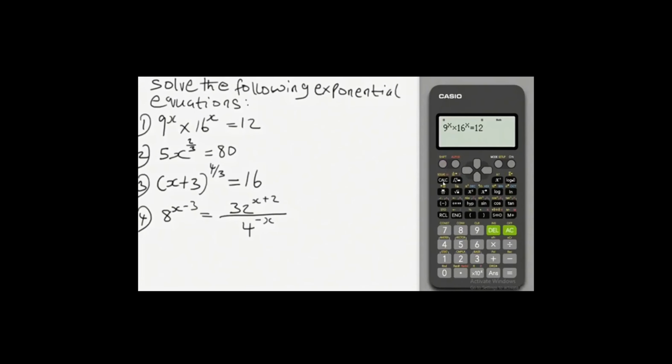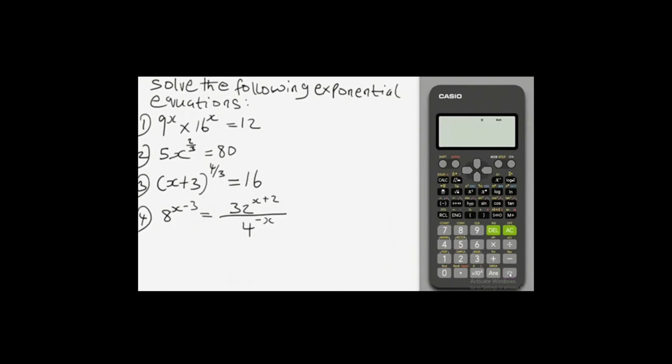You'll be asked to assign a value for x. Always assign 0 to x here. When you get here, just press 0. We're good to go. At this junction, we can go ahead and press the equals button.